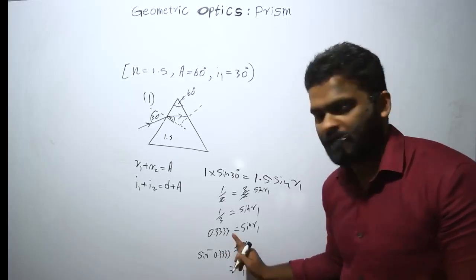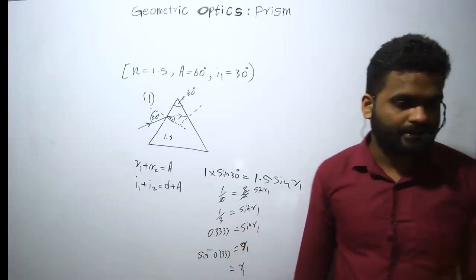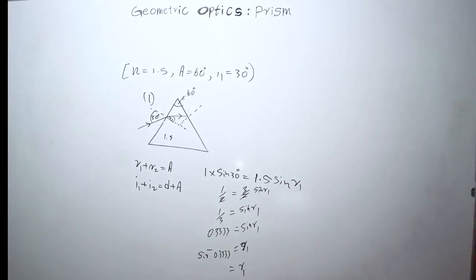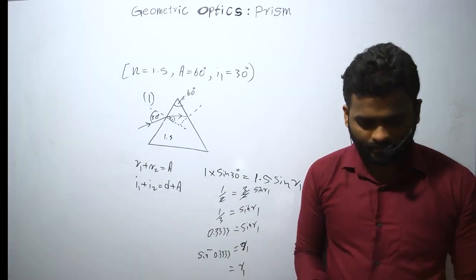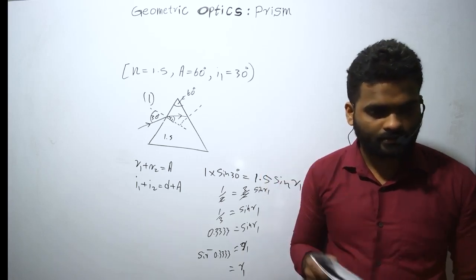You need to practice how to find this. You learned this in O levels. Someone tell me the answer. What do you get for sine inverse 0.33? So you need to have this book, right?